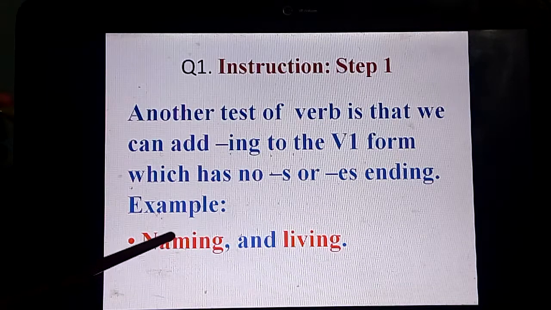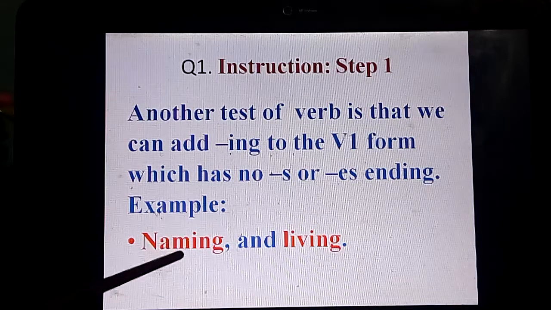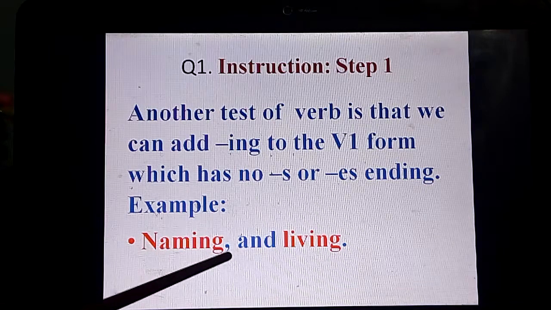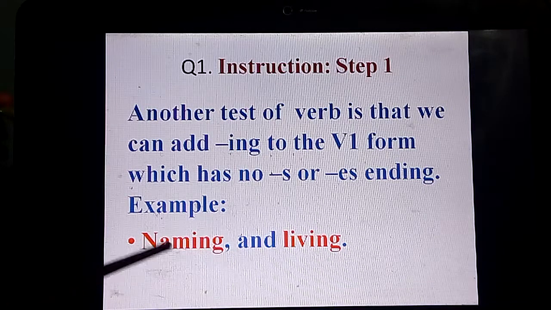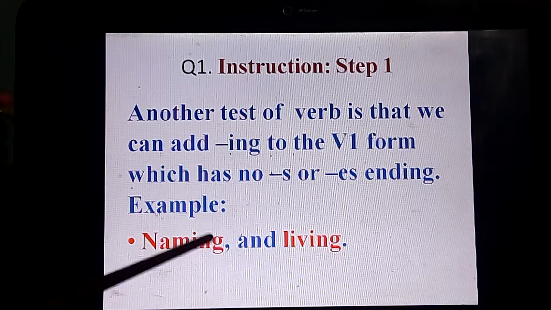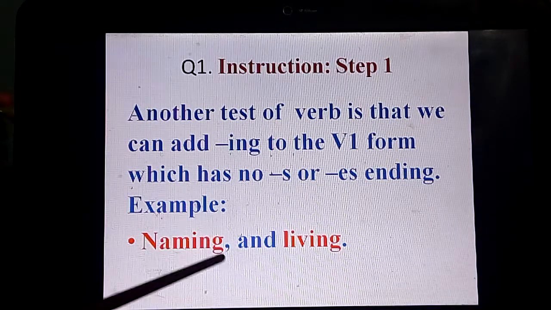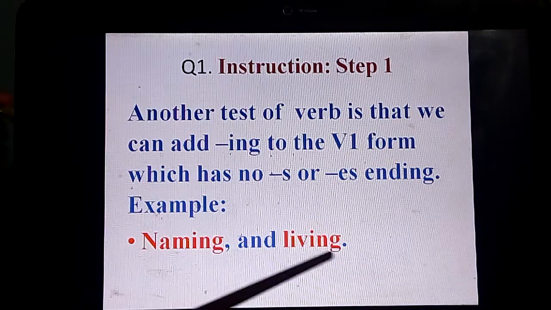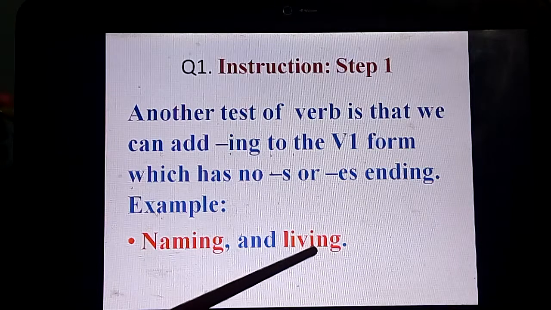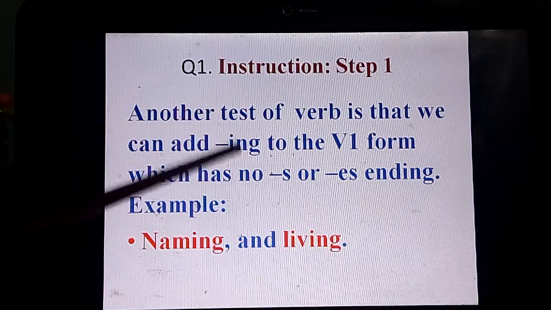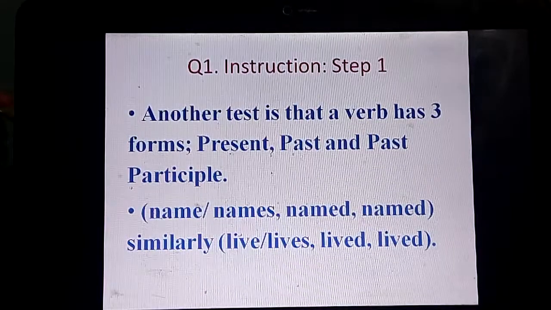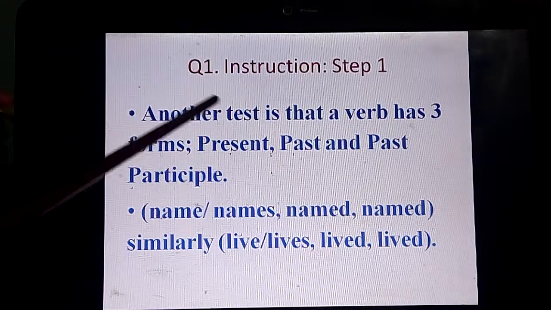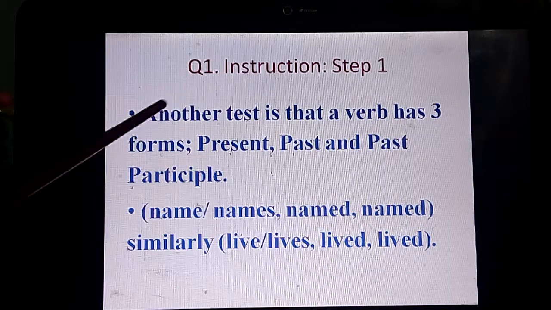There are two present forms, but we cannot add ing to names. We have to take only name, then dropping the e, ing is added. And living: live, live, so we drop the e and add ing. Okay, so this test is also okay, and we find that they are verbs.